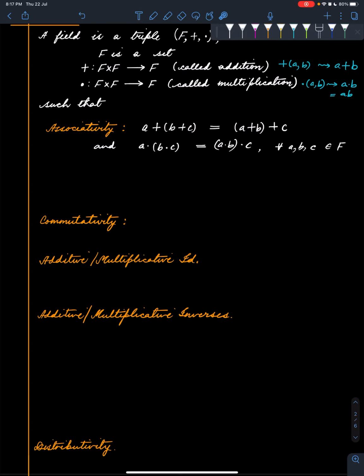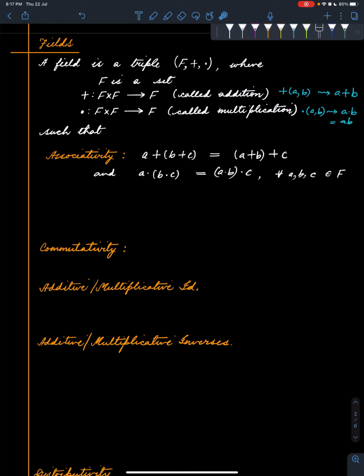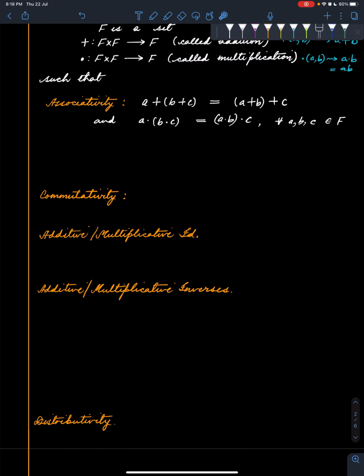So this now we are demanding as an axiom. This is not something that, of course, one can prove, there is nothing to prove here. We're just defining something abstract. And the same property should be satisfied for multiplication, just as it is satisfied in the multiplication of natural numbers or rational numbers. All right.